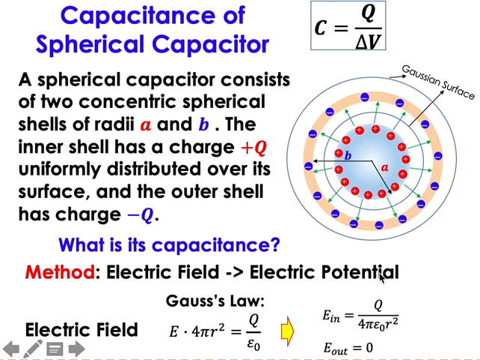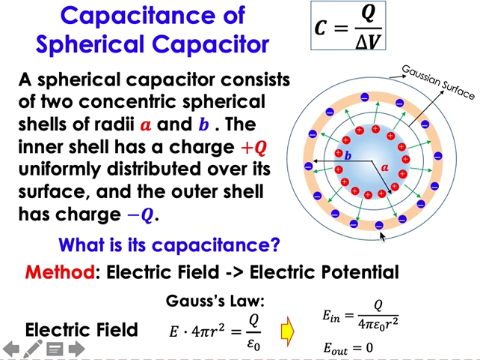On the other hand, for the electric field outside the shell, larger than B, because the total charge inside this Gaussian surface is plus Q plus minus Q, the net charge is 0.